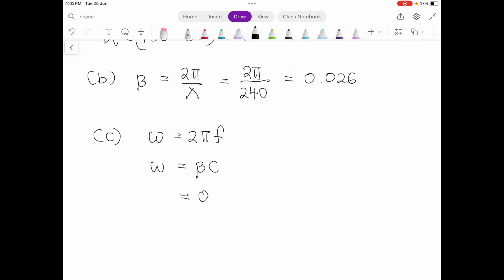So you get this 0.026 multiplied with 3 times 10 power 8. This is the speed of the electromagnetic wave in free space, and you get 7.85 mega. So this is the angular frequency.